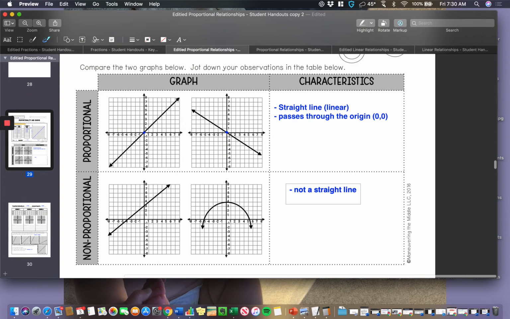Now also in both of these graphs, neither line is passing through 0, or the origin, which is located at 0 on the x and also 0 on the y.